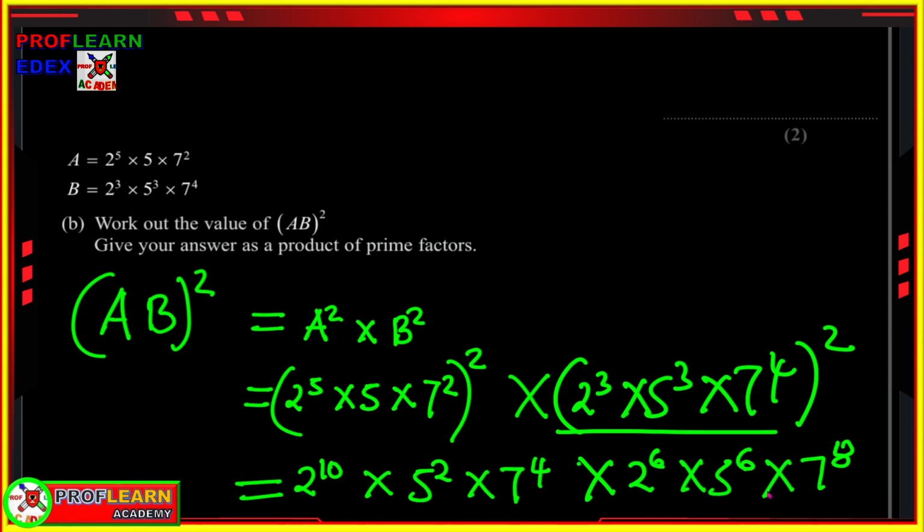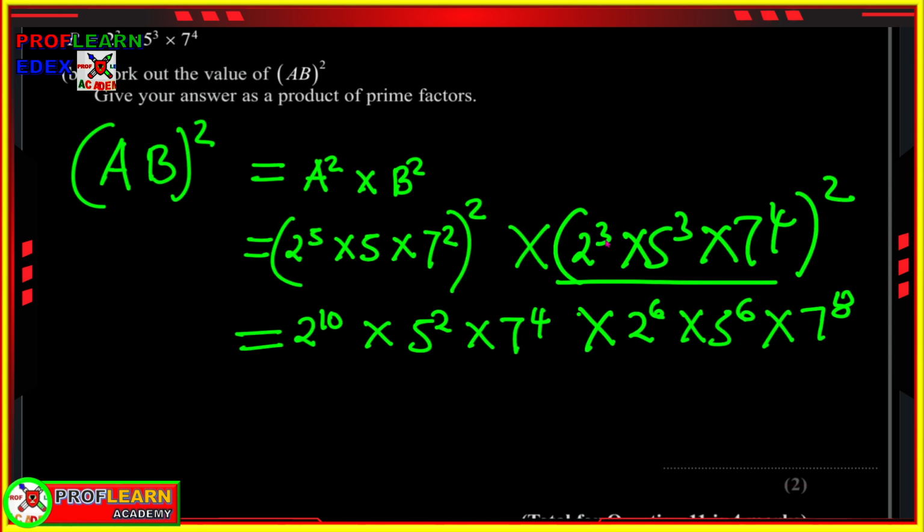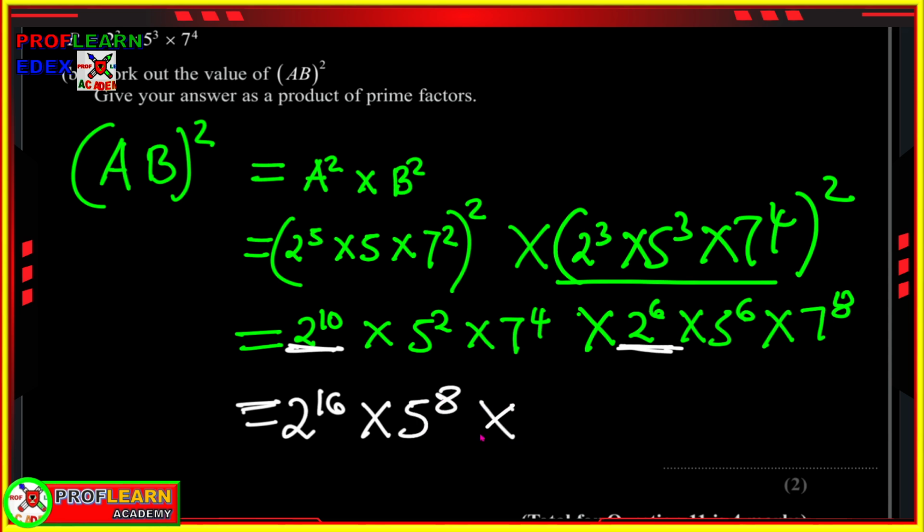Again you can now see we have this and this. What will it become? This 2 raised to power 10 times 2 raised to power 6, we add the powers, so this is basically going to be 2 raised to power 16 times 5 raised to power 8 times 7 raised to power 12.